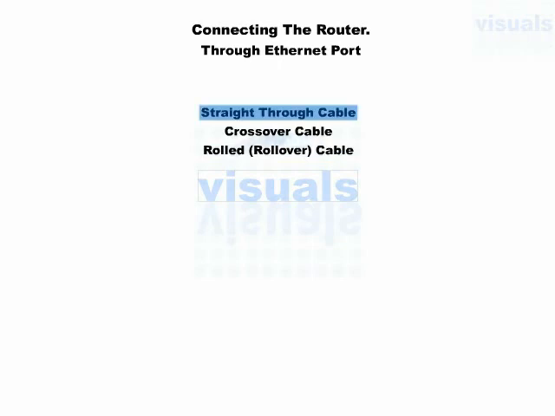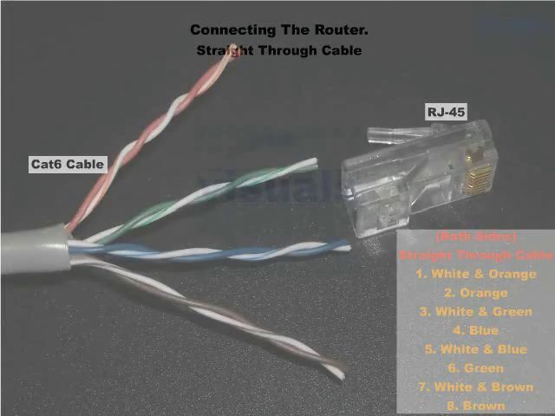What I am going to discuss regarding the straight through cable is this. You can see this is the Cat6 cable, and this is the RJ45 clip. When we arrange the twisted color wires in their default position and fit an RJ45 clip on it, this becomes a straight through cable.